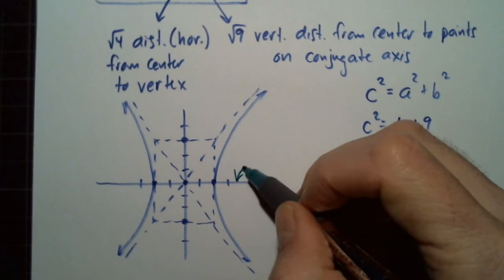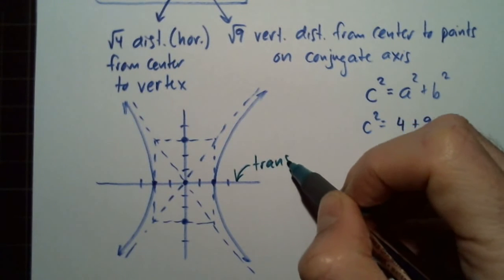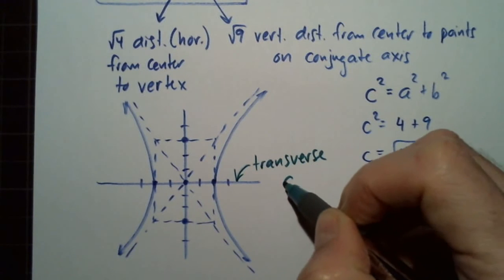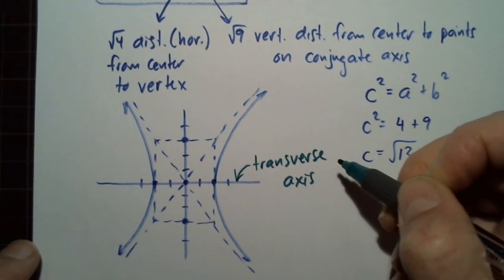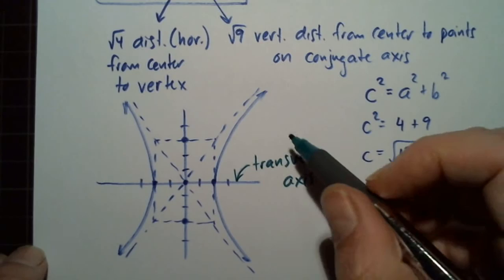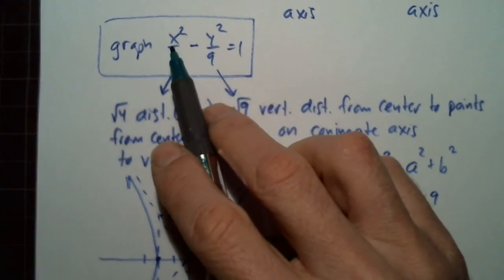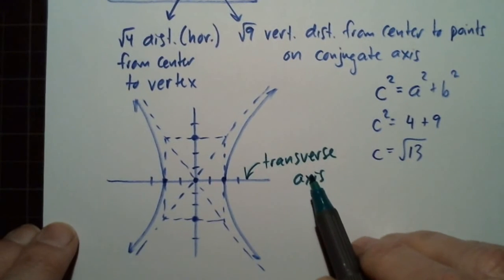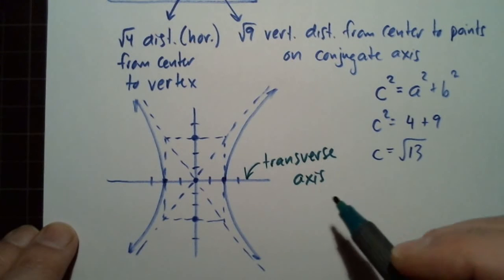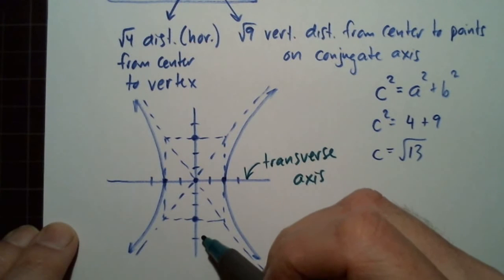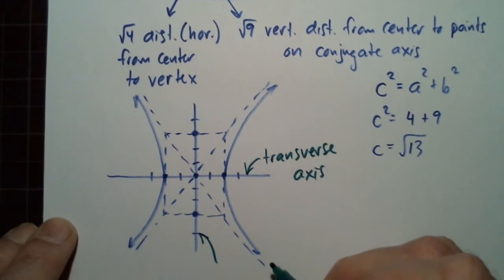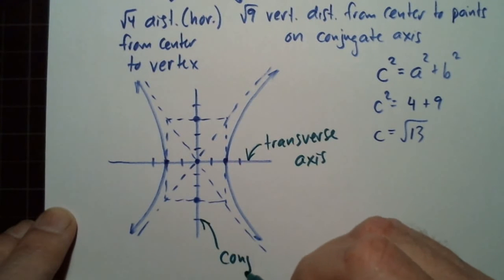Okay, we talked about the transverse axis. If x is first, then we have a horizontal transverse axis. I mentioned conjugate axis.